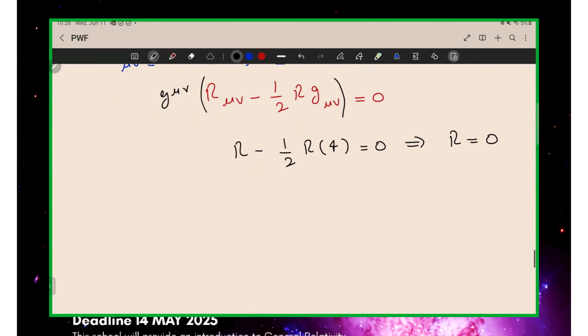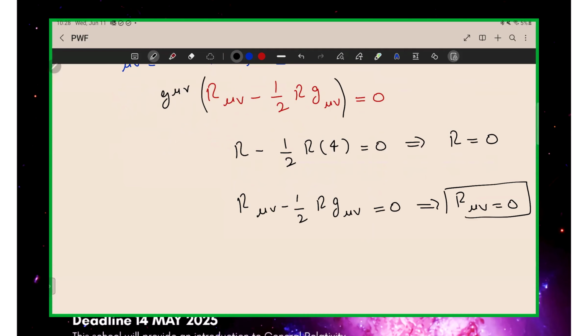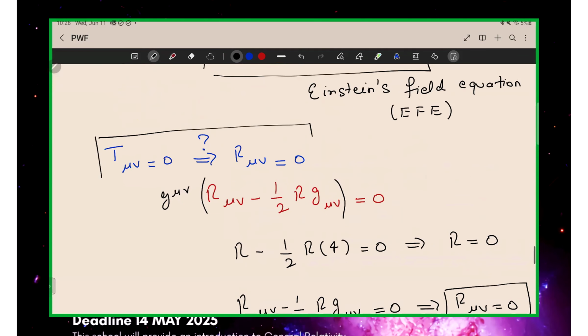But if R equals 0, then this equation equal to 0 implies that R mu nu equals 0. So it means that this thing is still true: if T mu nu is 0, then R mu nu is 0. So it's exactly like guess 2, although we are not doing guess 2 now.